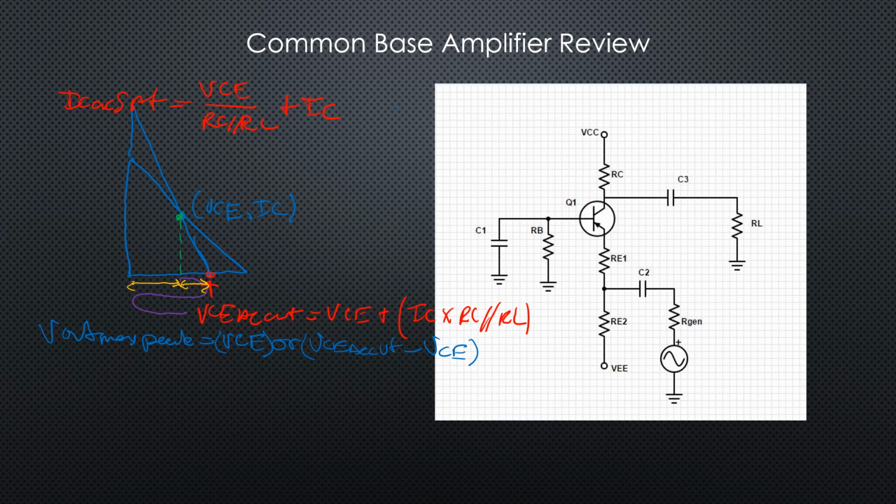Now we can solve for Vin max, and Vin max peak is going to be equal to V out max peak divided by AV, our voltage gain.